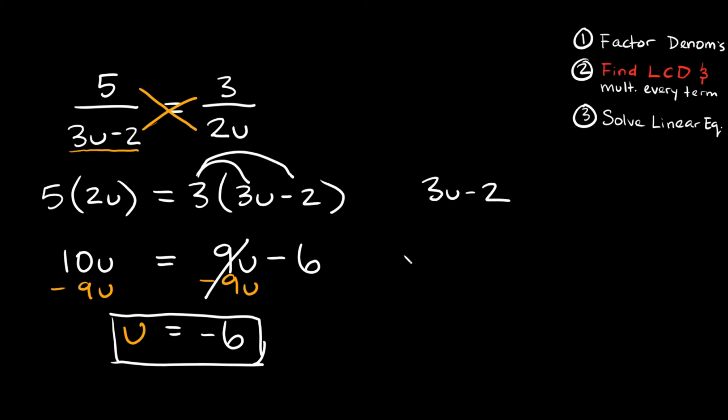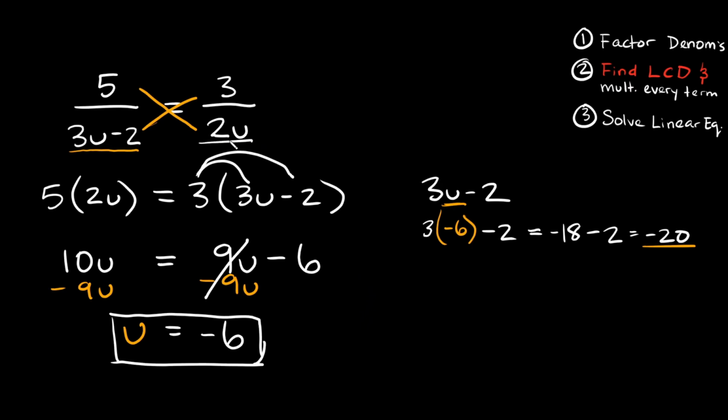So if we plug in our answer, -6 for u right here, well then this will be 3 times -6 minus 2, and that's equal to 3 times -6 is -18, and then this minus 2. So -18 minus 2, that's equal to -20, okay? So when we plug in a -6 into this denominator, we get -20, which is totally fine, right? We just don't want a 0.